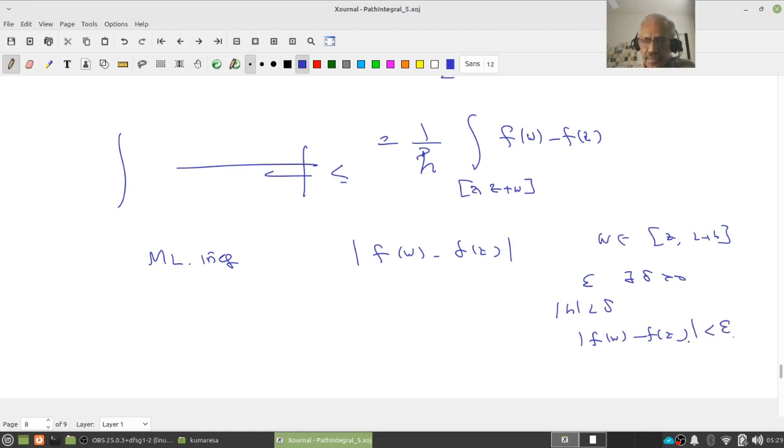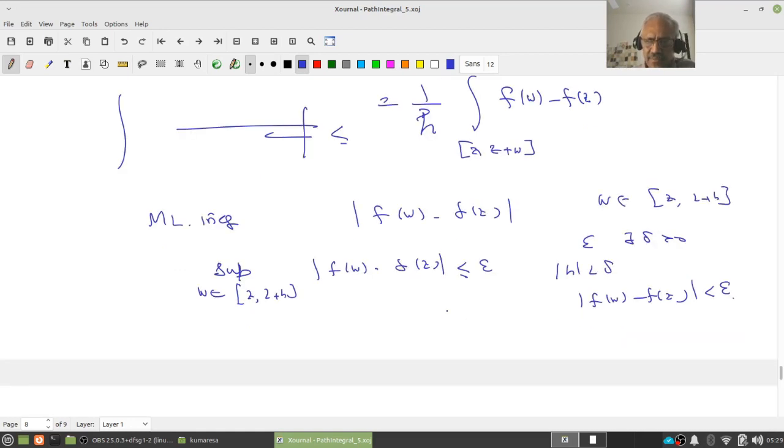Therefore, for every w in the segment from z to z plus h, where mod h is less than delta, I have this inequality. If you want less than or equal to epsilon, I don't care about such things.